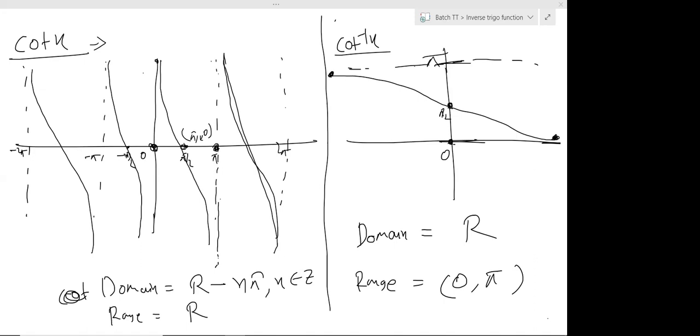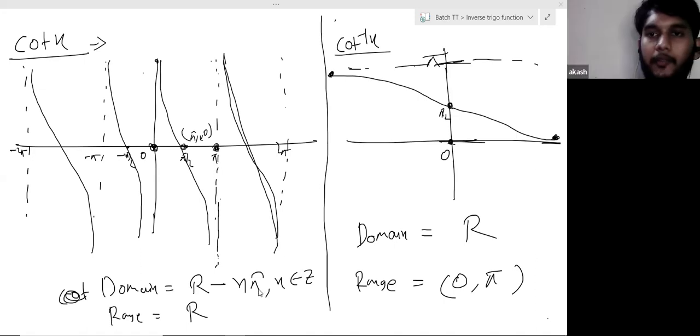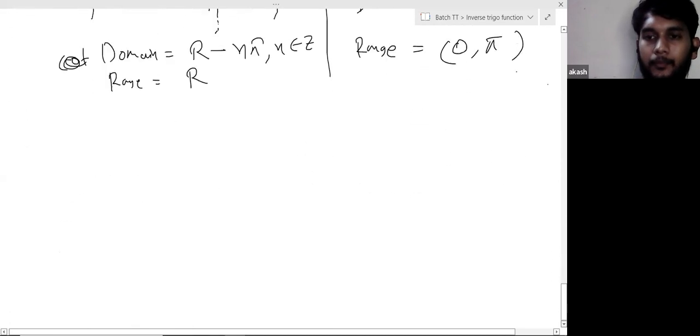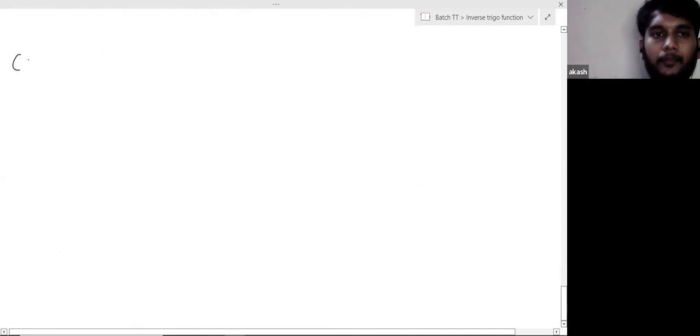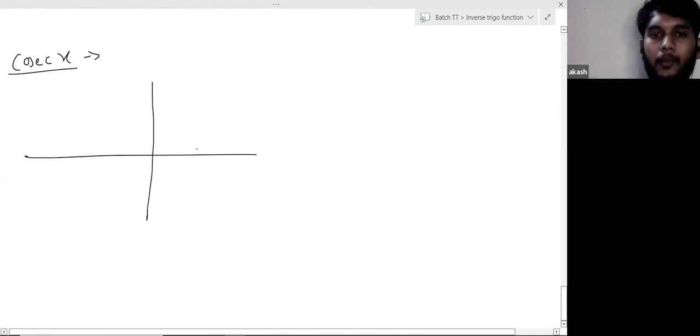All right. Now we have cosec inverse. First cosec x. 0 to pi, 2 pi, minus pi.